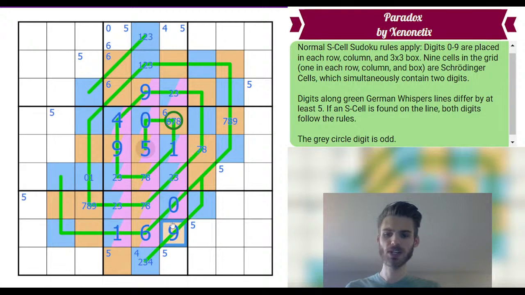We know for sure this is not an SL because if it was, then this couldn't be a 4. We know. So there's an SL down here, so there's no SL over here.